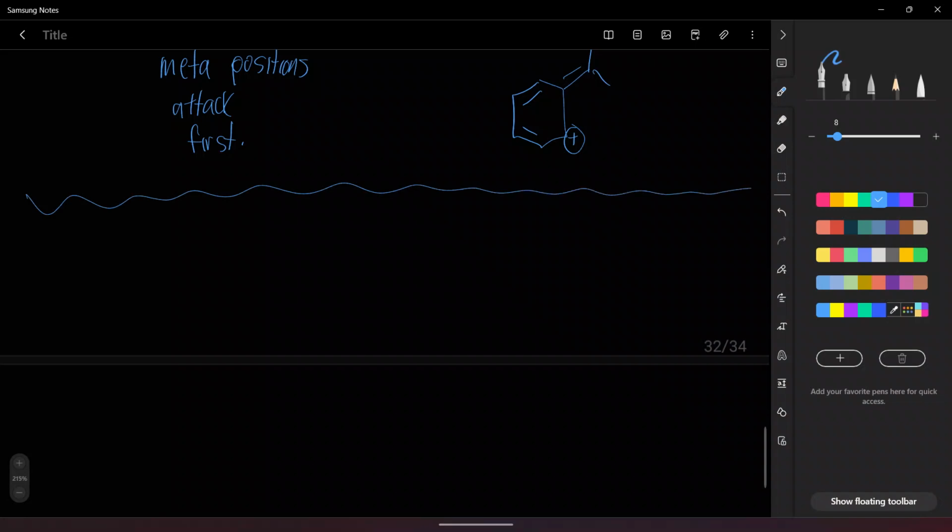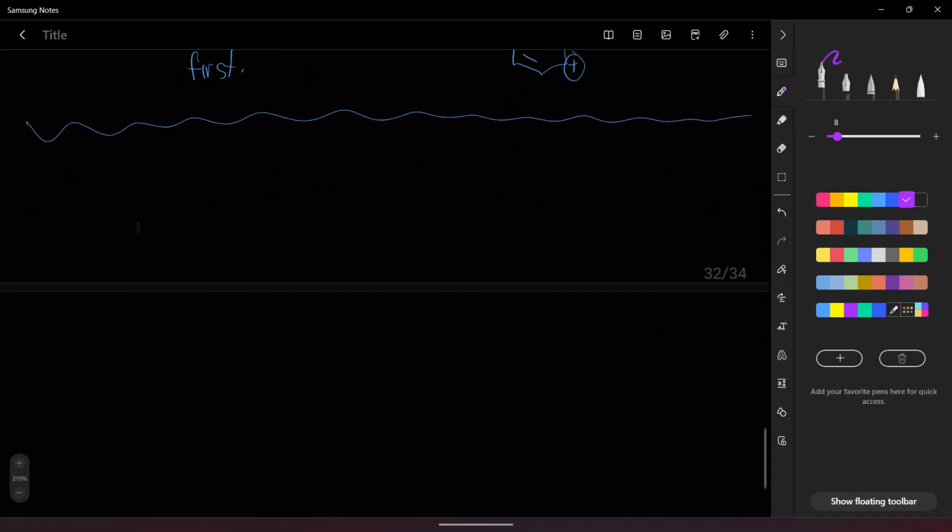Alright, so there's one other tiny little thing that we should talk about. We talked about when you have groups on the benzene ring, it determines where other groups will go. So those are called directing effects. There are other effects that are called kinetic effects, or some people will call these activating effects.